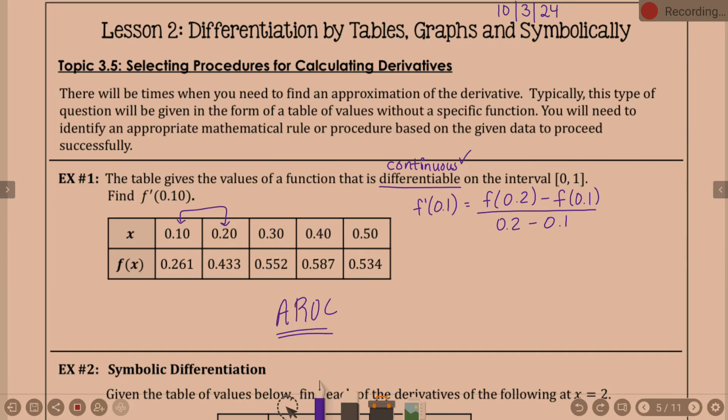So basically, it's the slope of the secant line, officially. Now, I said f of 0.2 minus f of 0.1. Those are your y values, yes? So we're going to be doing 0.433 minus 0.261 over 0.2 minus 0.1.